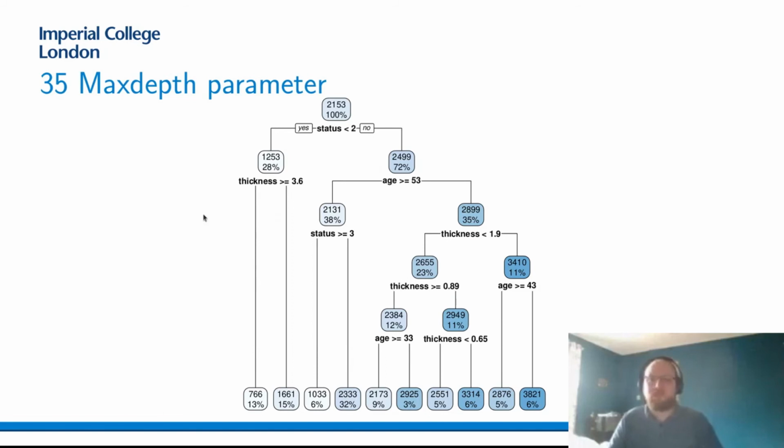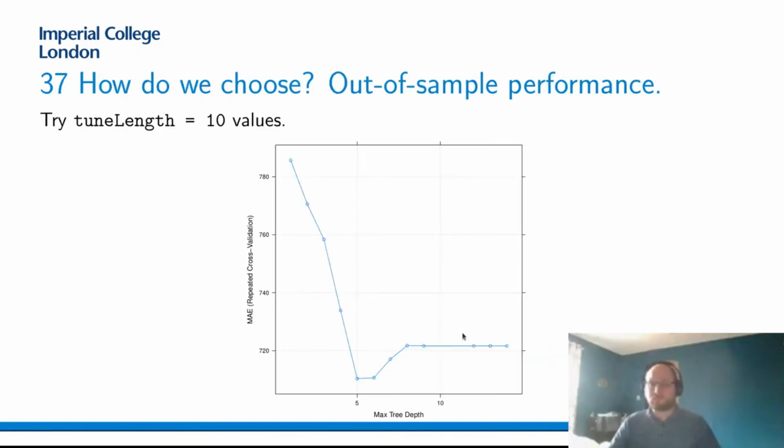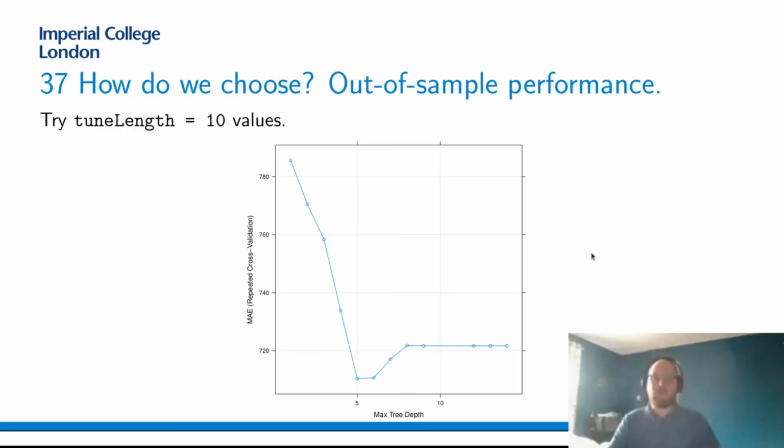This is all related to regularization, which is any process that forces a model to be simple. If we set max depth to be 3, we've put a hard cap on the complexity of the model, and we've forced it to be simple before model fitting. There are lots of reasons we might do this, and we'll go through them all in a bit.